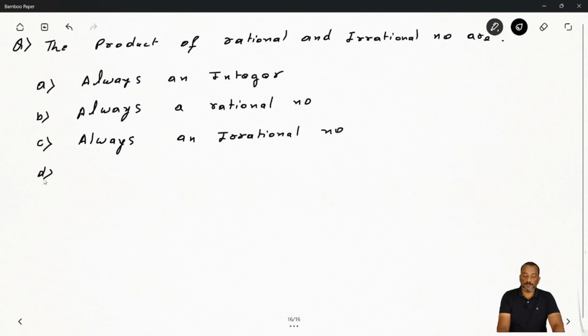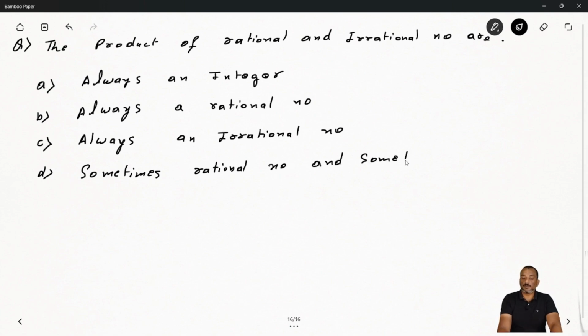Option D: sometimes a rational number and sometimes an irrational number.